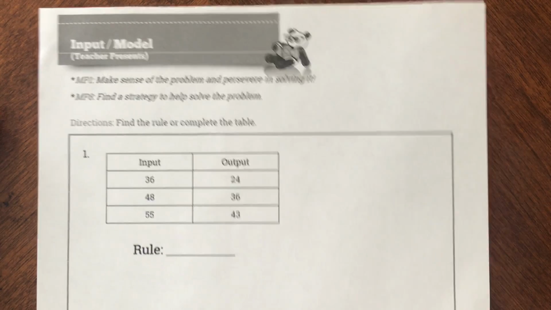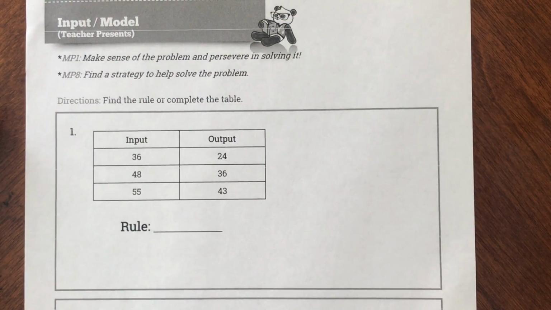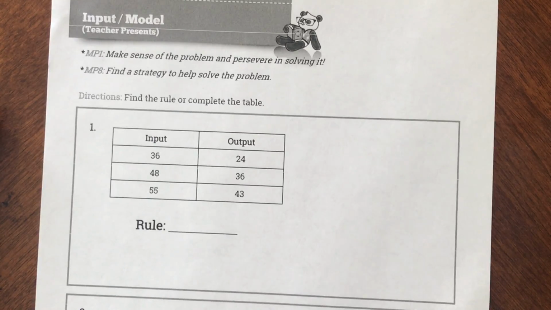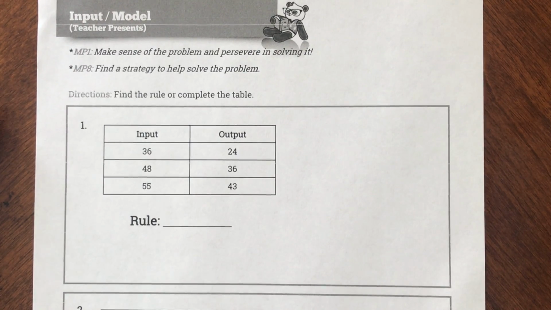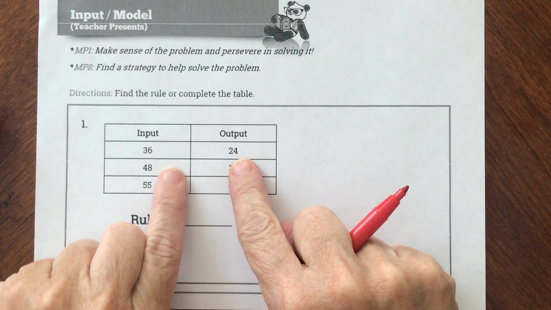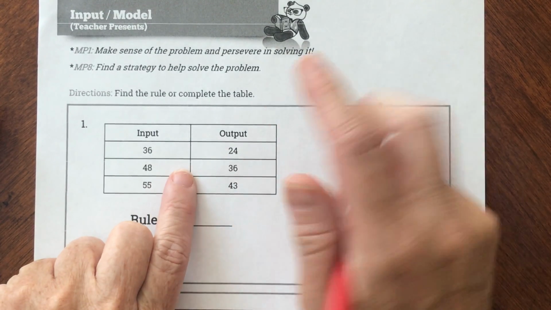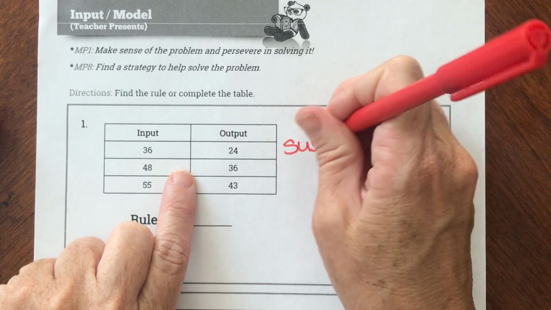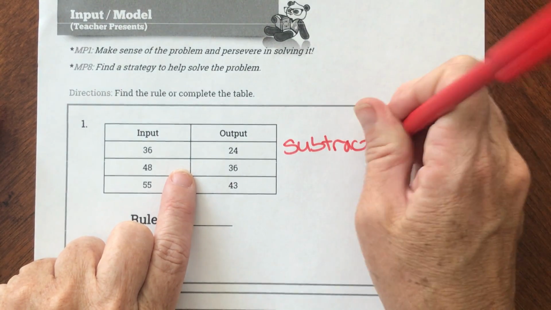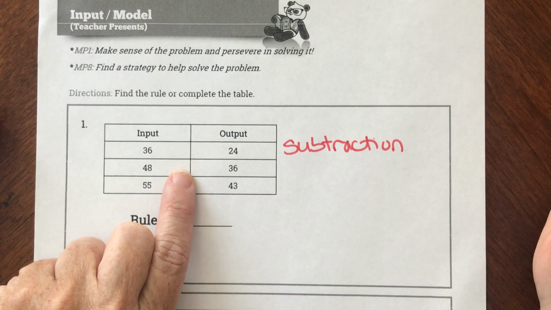Here's my first problem. And it says, it puts in a 36 and it puts out a 24. So my number got smaller, which means I know it has to be subtraction. Right? If my number is getting smaller, I know it has to be subtraction.